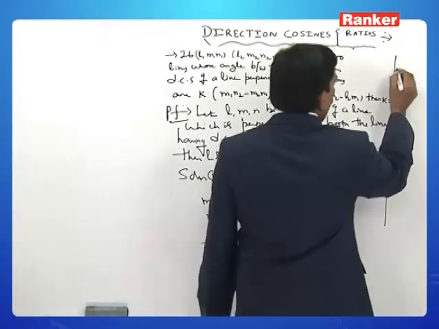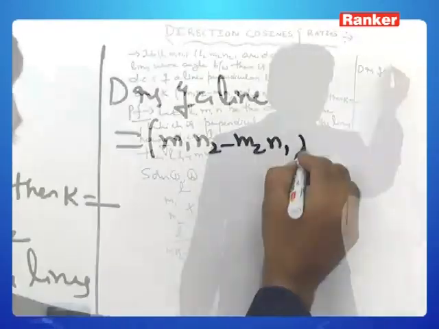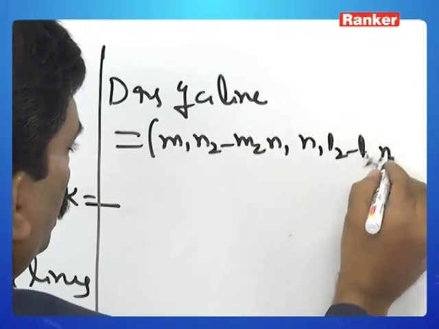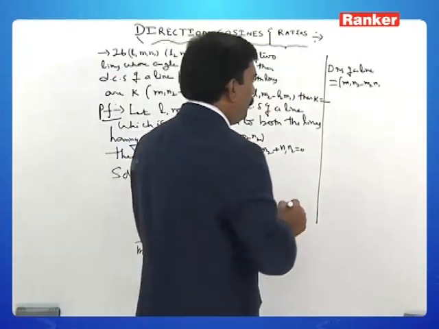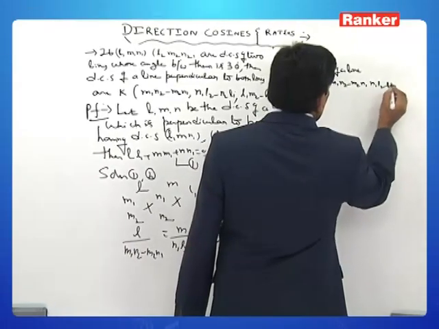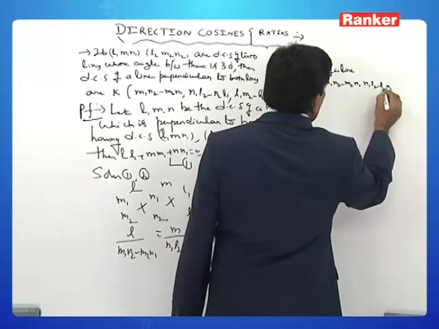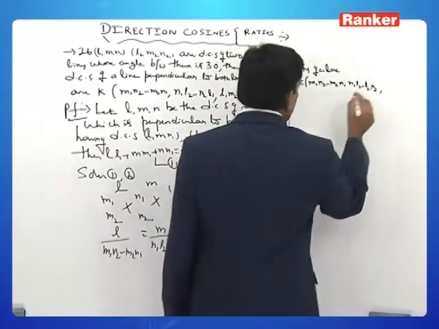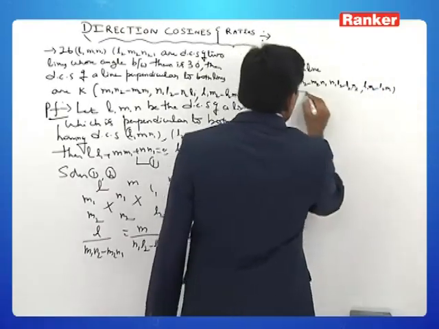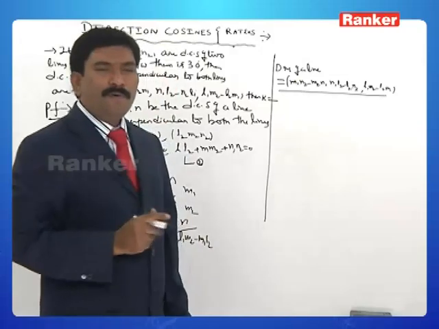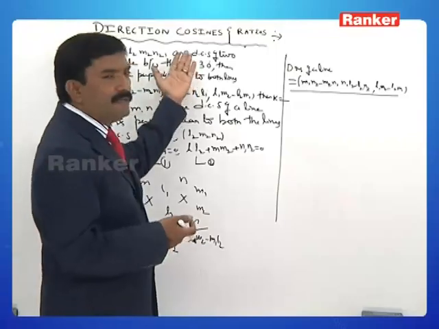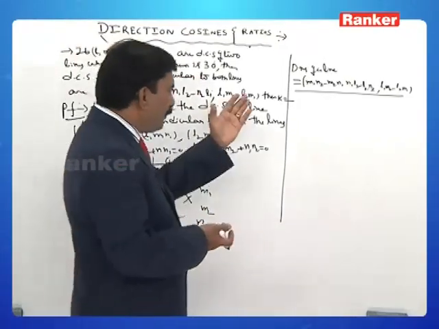So the DRs of a line which is perpendicular to both the lines are m1 n2 minus m2 n1, n1 l2 minus n2 l1, and l1 m2 minus l2 m1. These are the DRs of a line. He is asking for the DCs of a line perpendicular to both the lines, so I want to find its length.